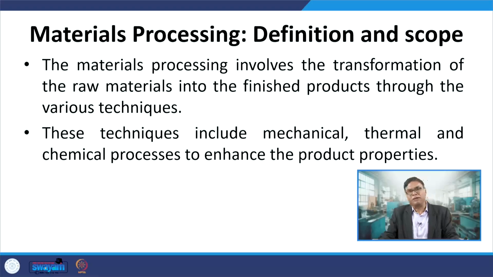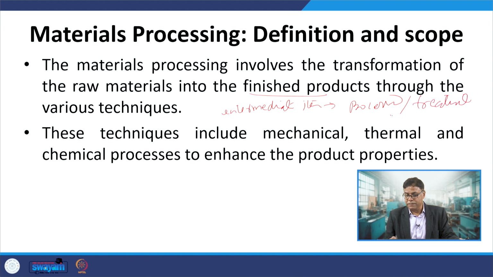So material processing basically involves the transformation of the raw material into finished products through various techniques. This finished product is basically an intermediate item which may be further processed or given further treatments. It can be subjected to assembly with other components to make usable products.